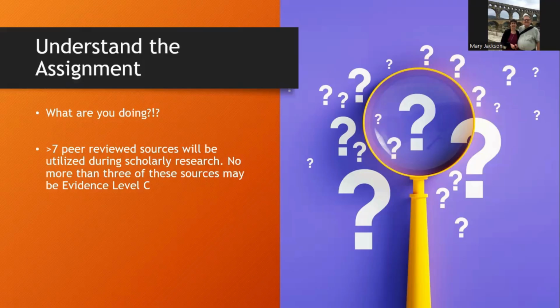I can't evaluate that for you. If you have questions about it, you need to ask your professors if something meets the criteria or not. But you need to be very careful that you have the right and correct number of articles for your assignment. The search strategy is part of the project, so you need to carefully think through what you're doing with that, and I can help you with that.